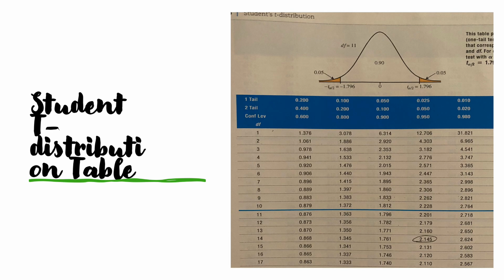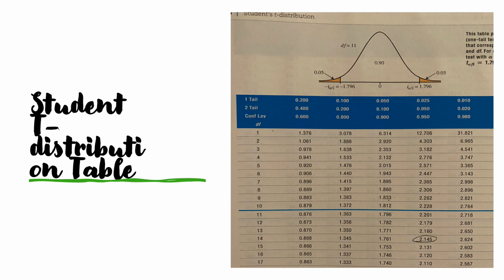Here is the student t-distribution table and how I derived that for this 95% confidence interval, my t-critical for 0.025 would be 2.145. So if you look along the first column there, take it all the way down to your 14 degrees of freedom. Remember, n was 15, so 15 minus 1 gives us 14.